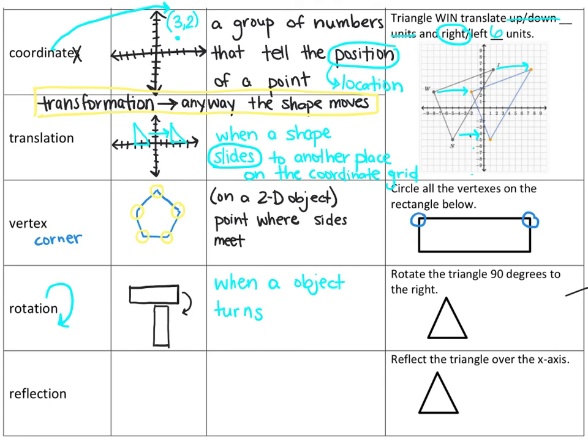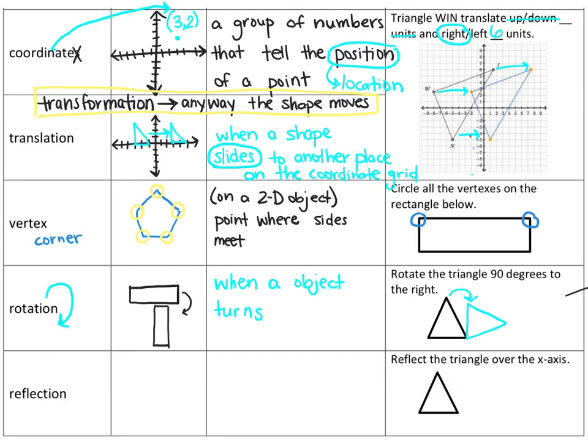So I'm going to make it the same shape. There's the bottom right here. I've turned it so it's over here. And then I'm going to turn and continue to make the rest of this. So now my shape has turned. Do you see that? 90 degrees.